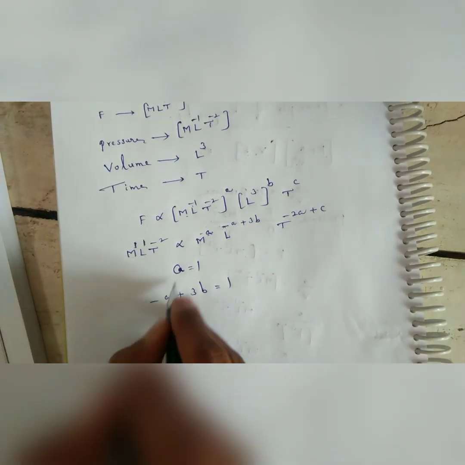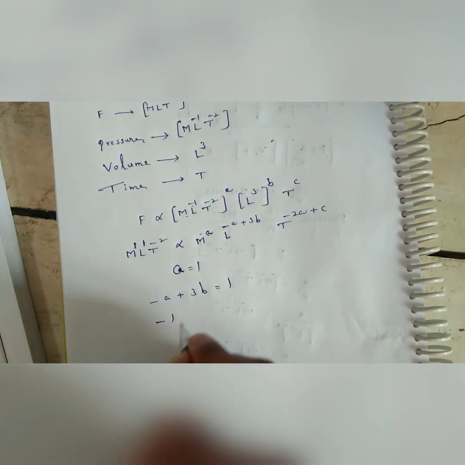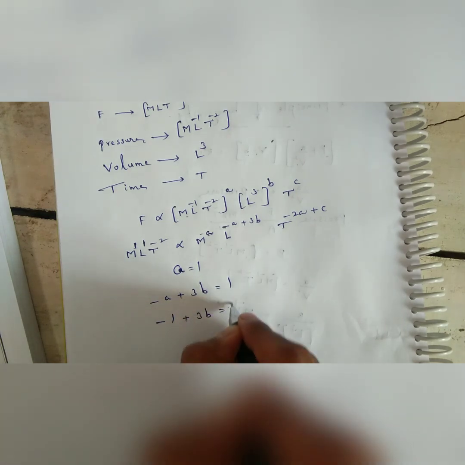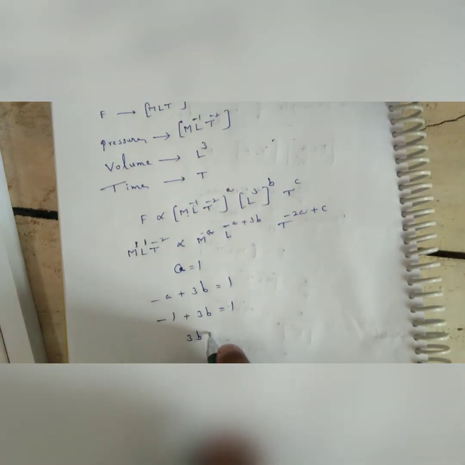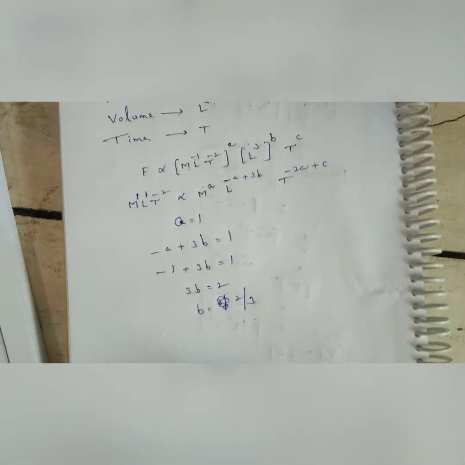So in the place of A write 1: minus 1 plus 3B equal to 1. 3B equal to, send minus 1 to that side, plus 1, 1 plus 1, 2. So then B is equal to 2 by 3.